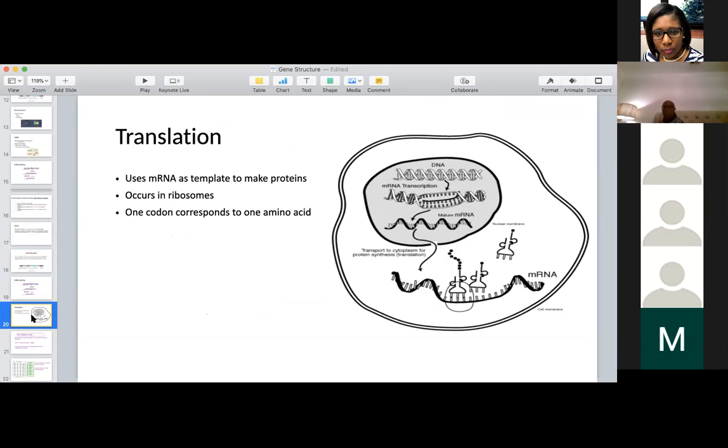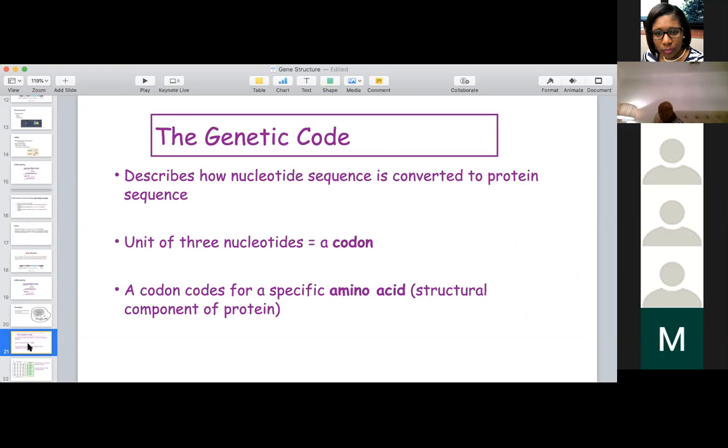Okay, and we read those sequences in groups of 3 that we call codons, and each one of those codons codes for an amino acid. And so it is this linear assembly of amino acids that gives us our protein, or that polypeptide sequence.